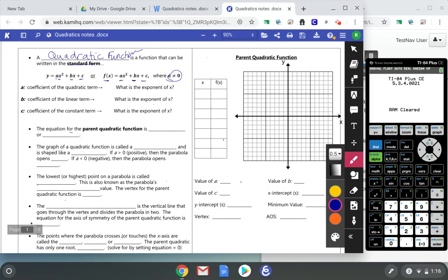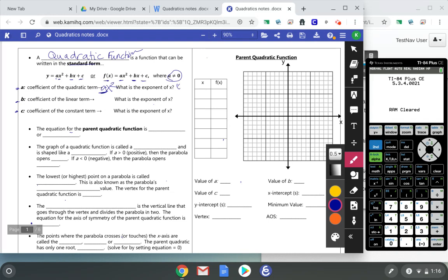All right, so a couple things that you're going to want to be able to pull out throughout talking about graphing functions or graphing equations is the A value, B value, and C value. The A value is always going to be the coefficient of the x squared term. All right, so you're looking at A, x squared. Your A value is going to be what's in front of the x squared term.